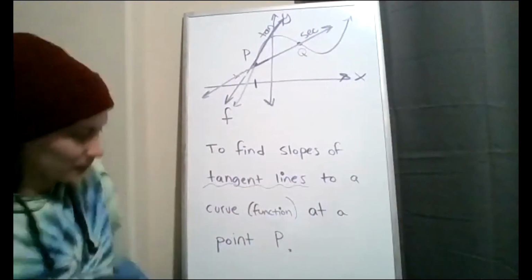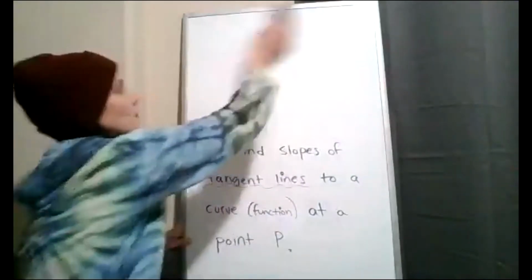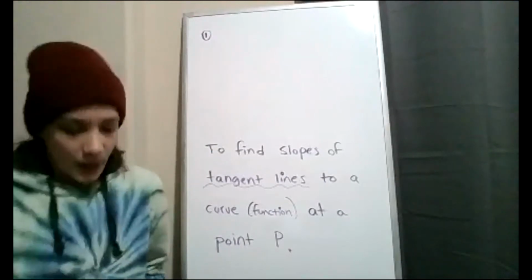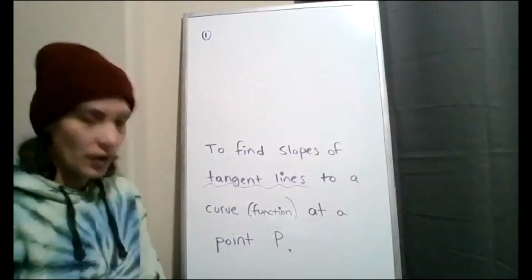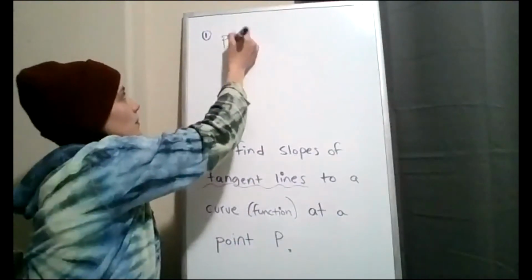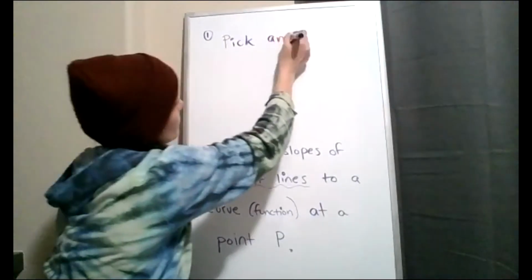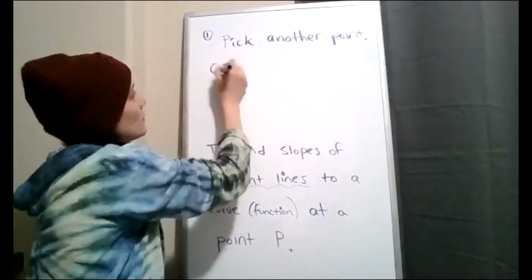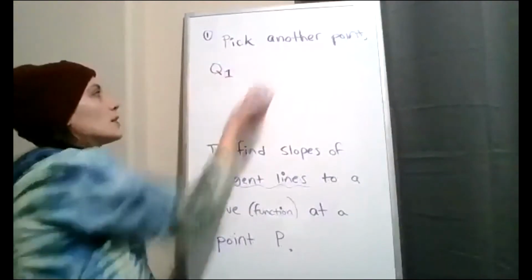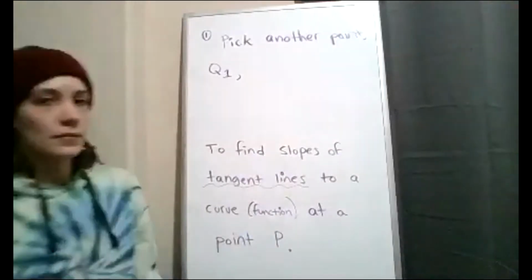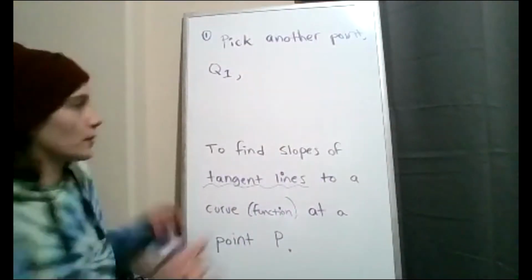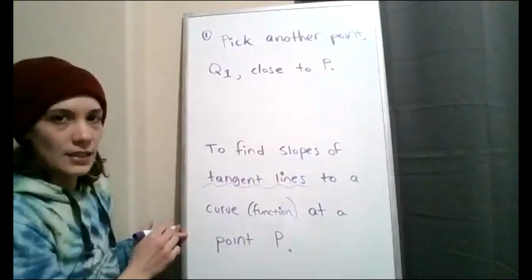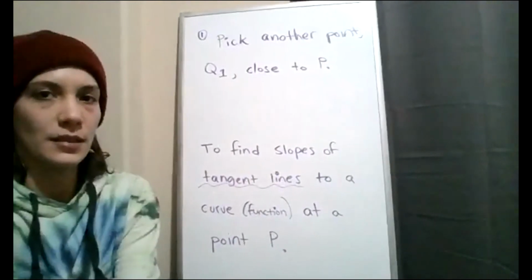First step: you pick another point, we'll call it Q sub 1, and it's close to P. Make sure you guys can see this.